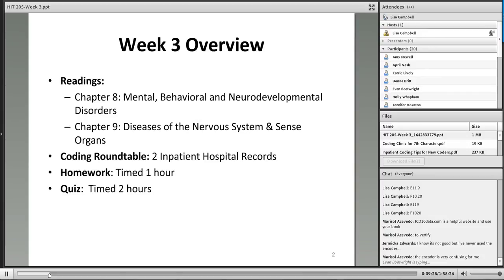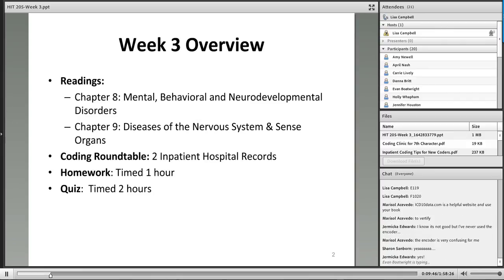One more announcement that I wanted to make. I am trying to work on having another ICD-10-CM codeathon. And I could not have one this weekend because I had to do an audit yesterday morning.